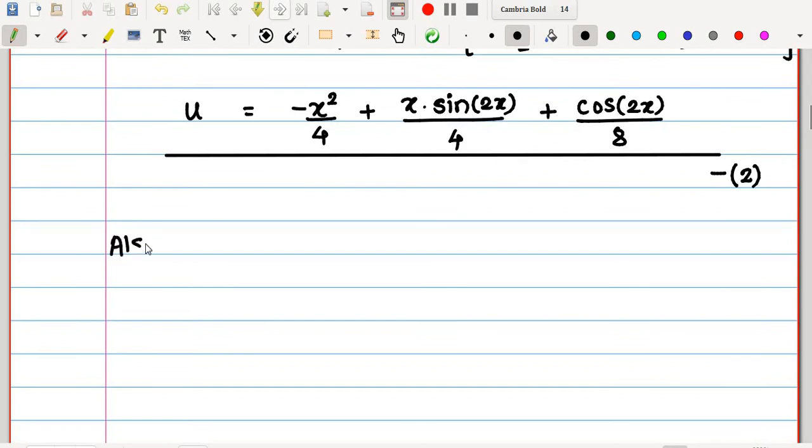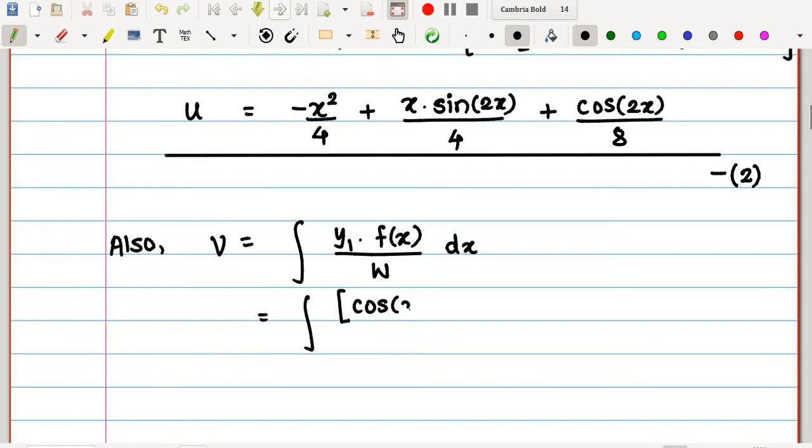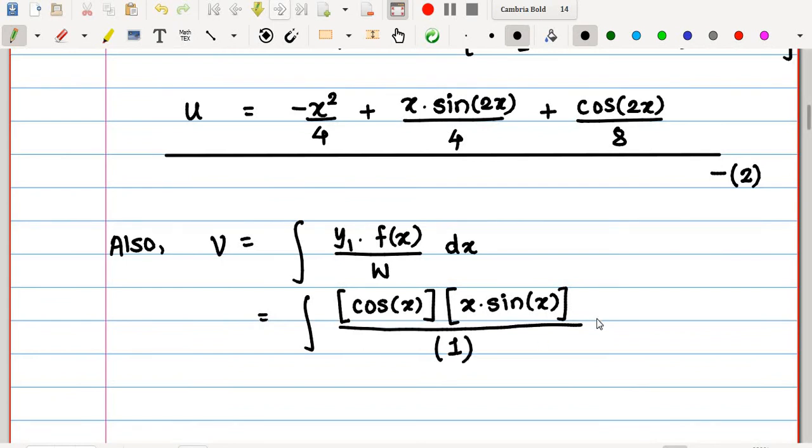Also, v is equal to integration y1 into f of x upon w. Now substituting values for y1 and f of x, y1 is cos x, f of x is x into sin x, divided by w, which is nothing but 1.